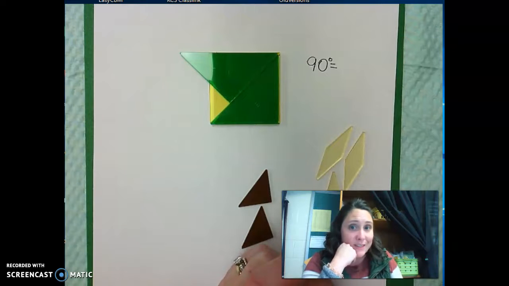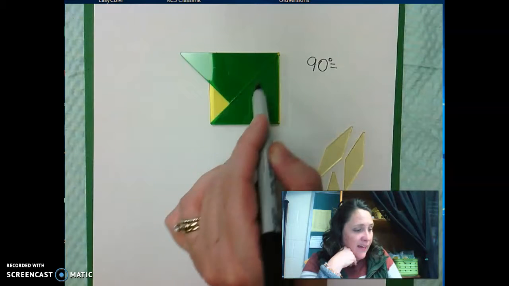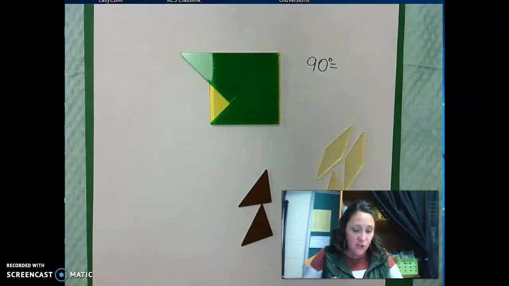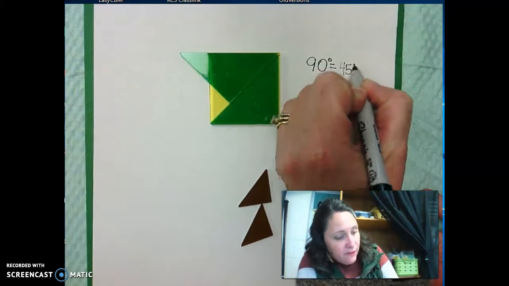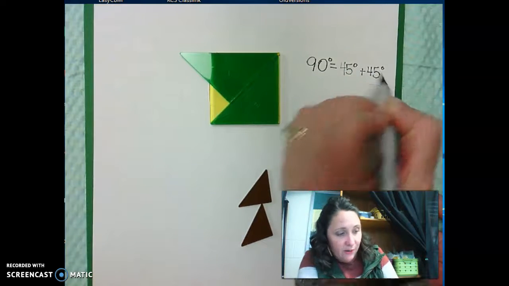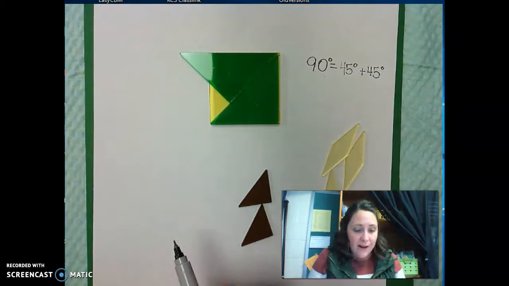Well, you could say 90 divided by 2, and then you would know that this angle and this angle measures 45 degrees. So we know that 45 degrees plus 45 degrees equals a 90-degree angle or a right angle.